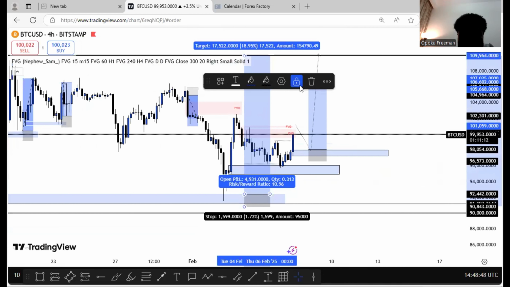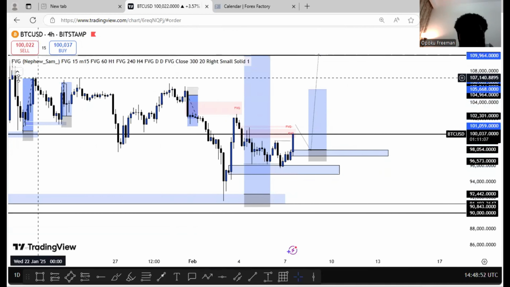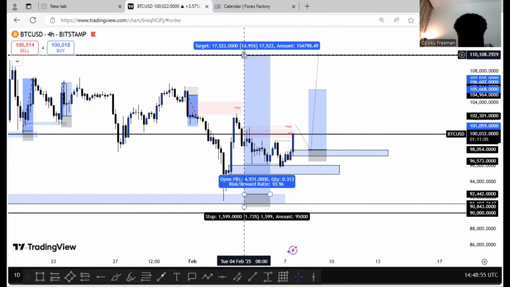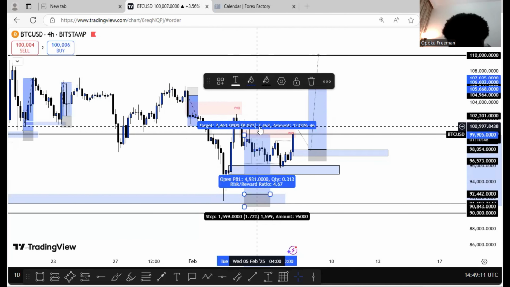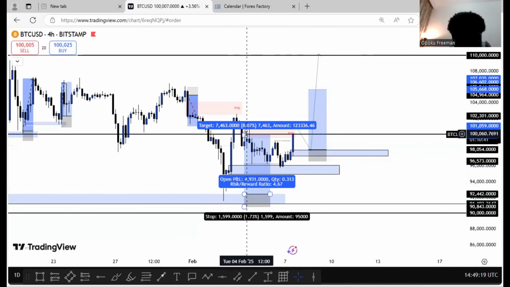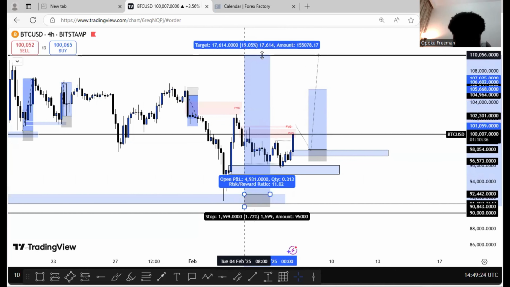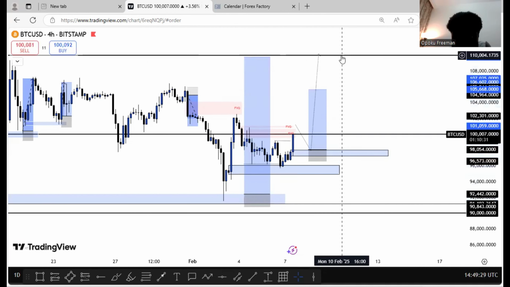Even our TP1 is someone's TP4. So the concept I use is very simple and very easy. 7,463 pips on BTC USD with our TP1, which is 1:4 risk to reward. That's crazy. So our TP2 is over here.